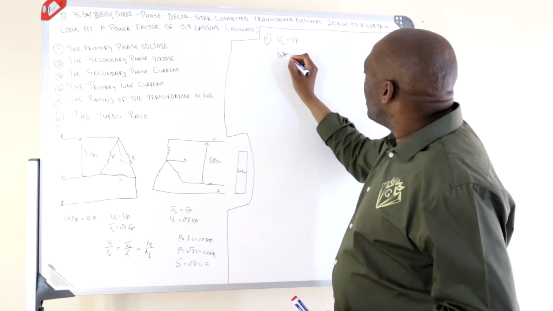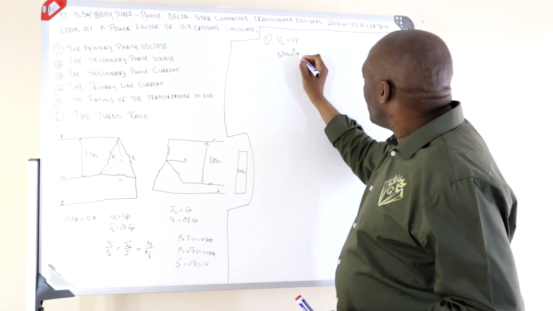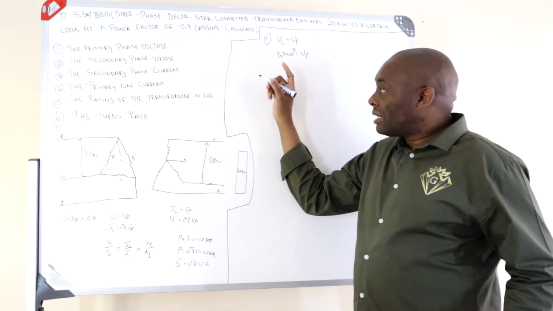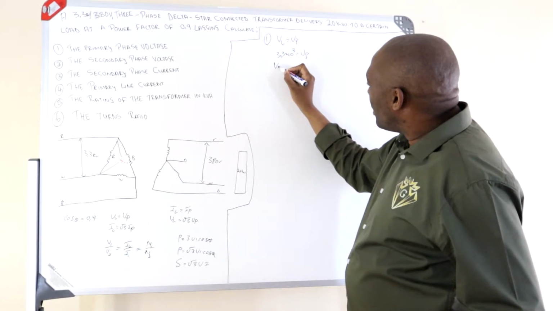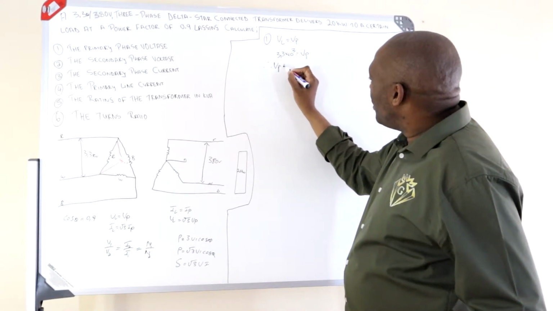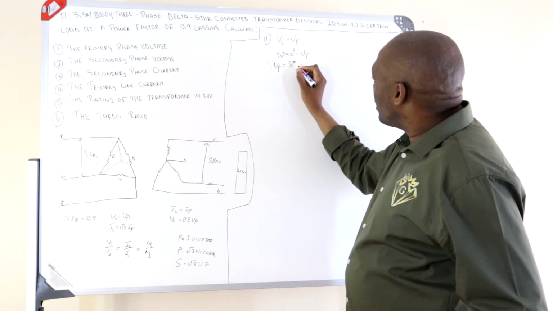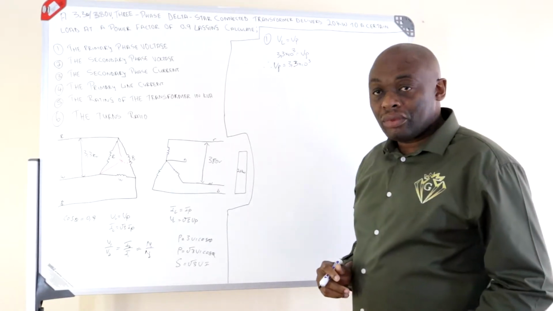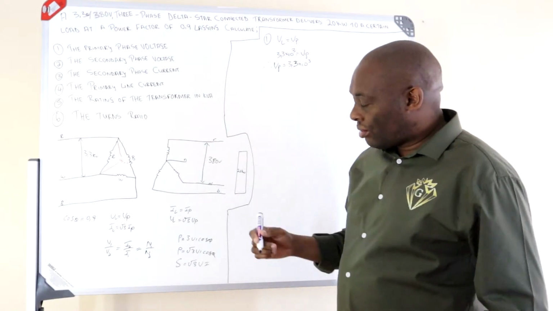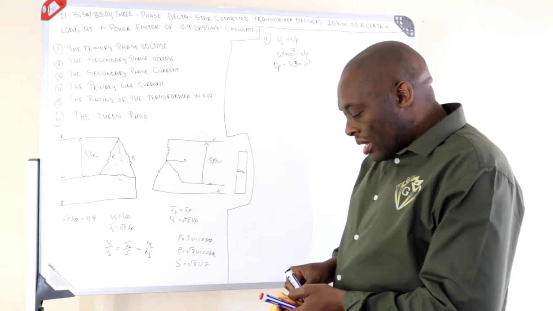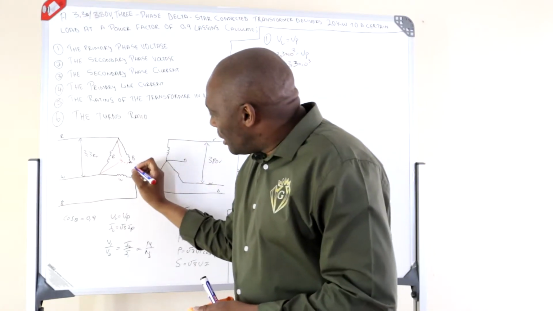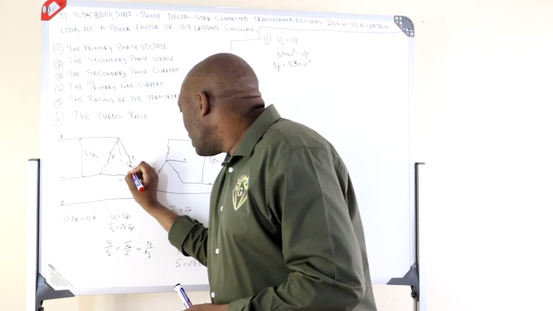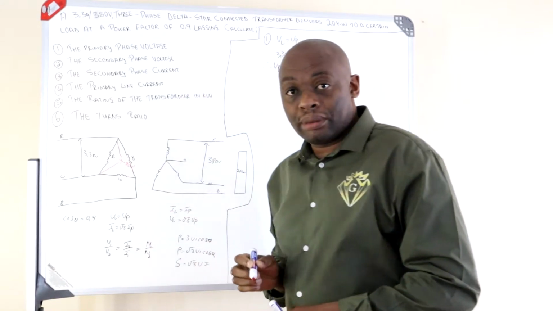We are looking for V phase. Therefore, our V phase is equal to 3.3 kV. So that was the first question, and we've answered it. We can draw it down here that our V phase is 3.3 kV.